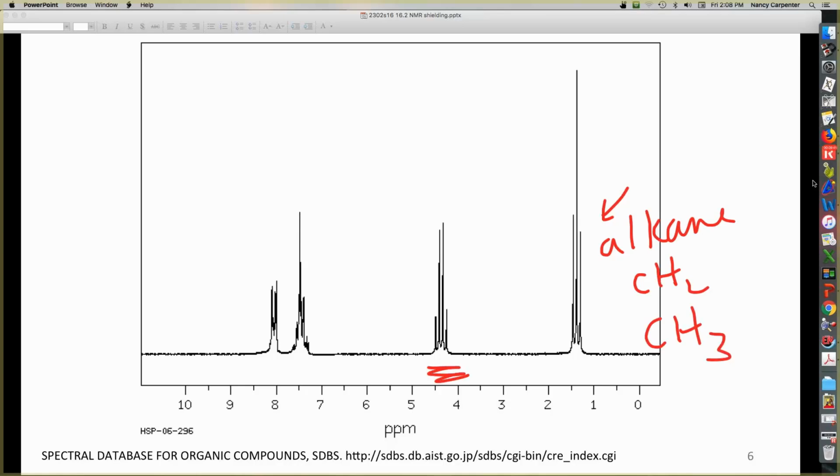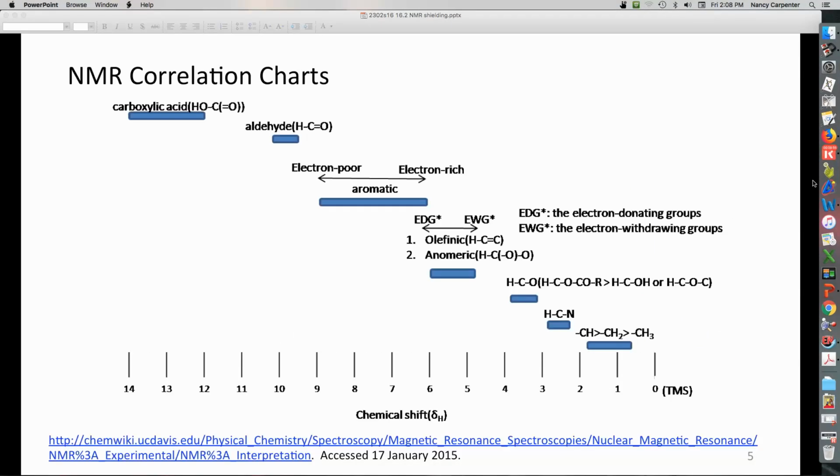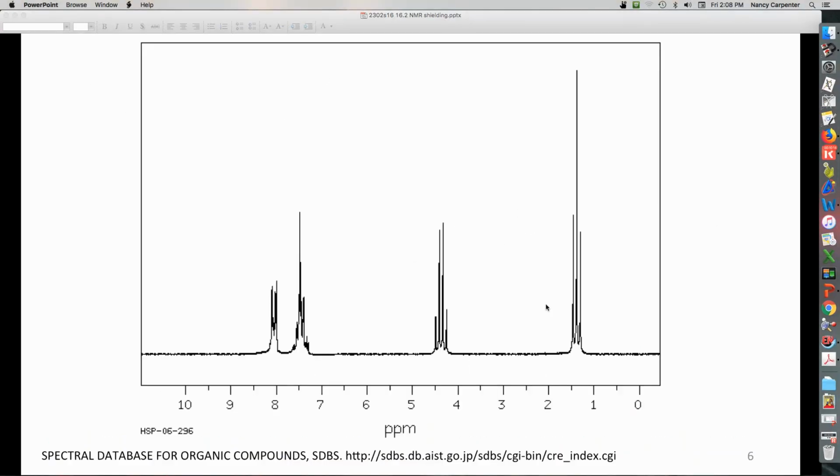Alright, what shows up around 4, 4.5? Certainly looks like it would be something associated with oxygens. Look at all those oxygens. So it looks like it's a hydrogen on a carbon next to an oxygen. So if I look at that, I'll bet you any money that this is an OCH something.